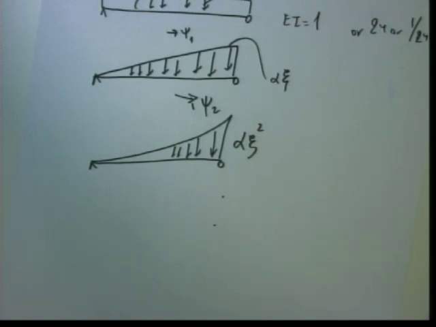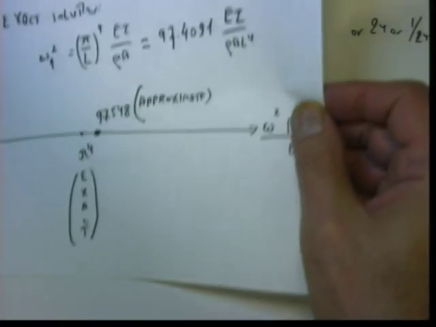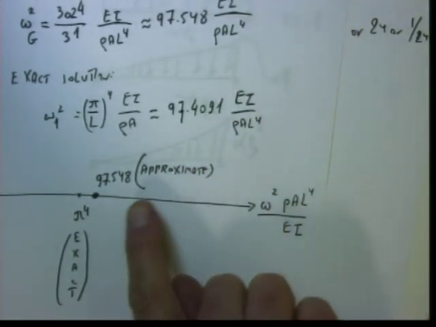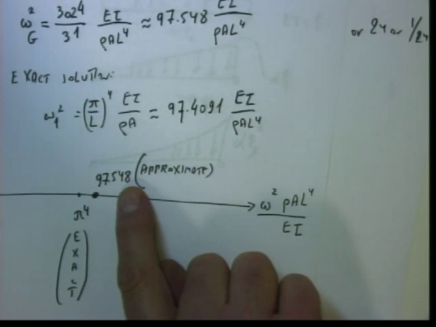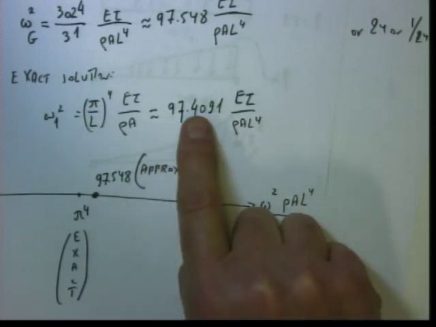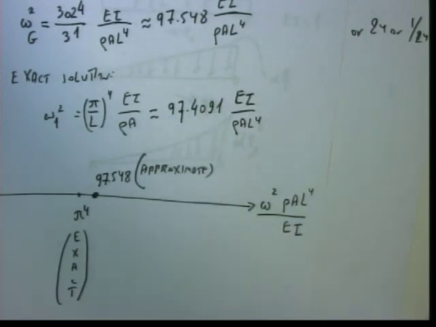Paying attention today, for example, we did see, even in one-term approximation, naturally, the more terms we take, that should be a better approximation. But even in one term, look, instead of 97,409, we obtain 97,548. So actually, the difference was in the third digit.